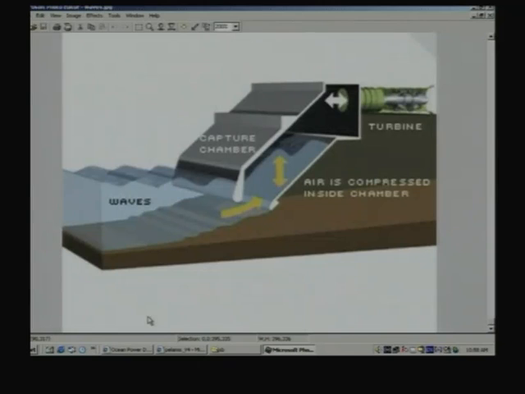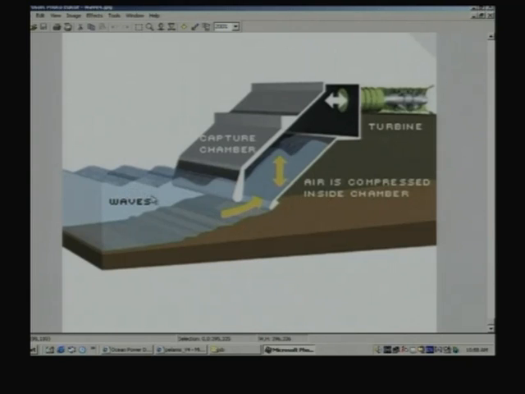So, what I was explaining with reference to the other picture was this one. The third concept in wave power is a concept where I am showing the sectional view. Here is the ocean, here is the ocean floor, and as the waves come, there is a chamber and there is an opening.